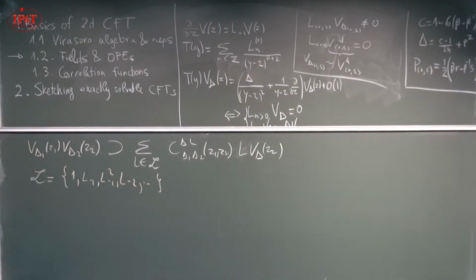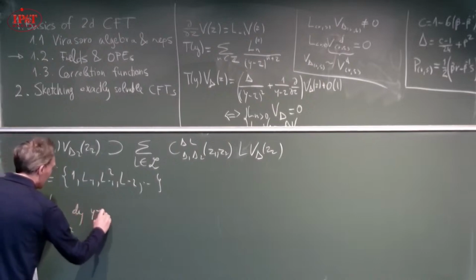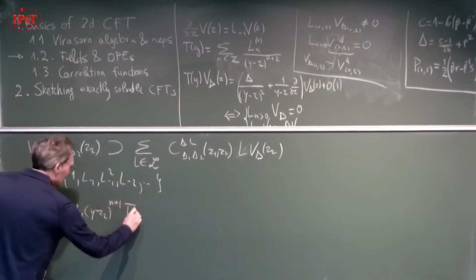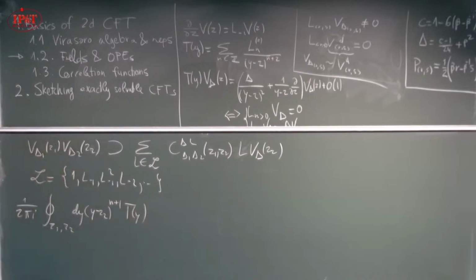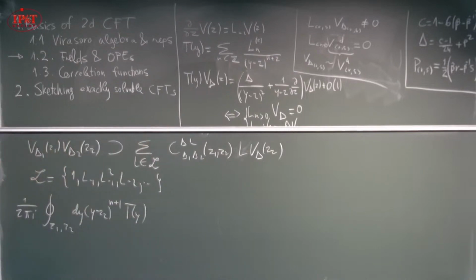So the idea to derive constraints from conformal symmetry was to insert on both sides of the OPE an expression built from the energy-momentum tensor. So we insert 1 over 2 pi i, integral around z1 and z2 of dy, (y minus z2) to the n plus 1, T of y. So inserting it on the left-hand side, we could close the contours around the fields V delta 1 and V delta 2, and using this OPE here, we just computed the following left-hand side.